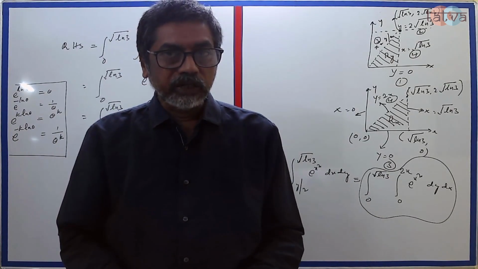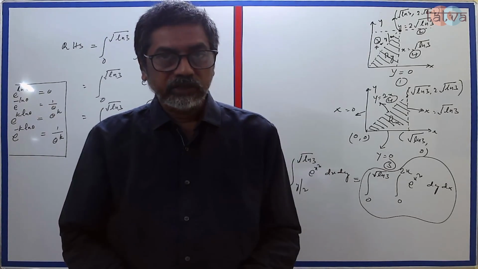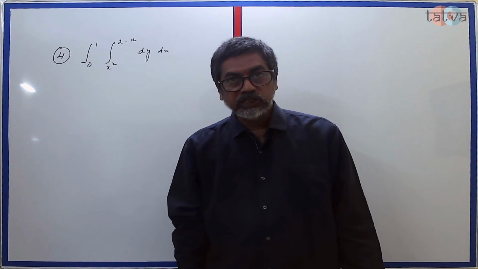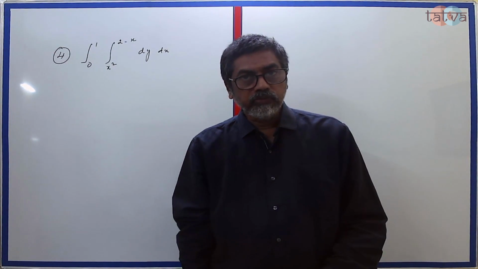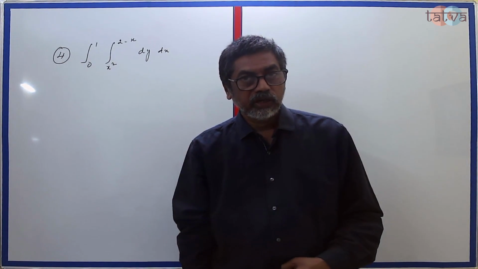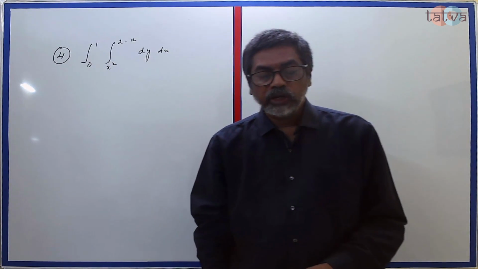So this is my third example. And is there something else to learn? Yes, you should now wait for my next example. I have chosen this example for a specific reason. It is a problem where the inner limits are functions of x, and then obviously corresponding to an Rx region.